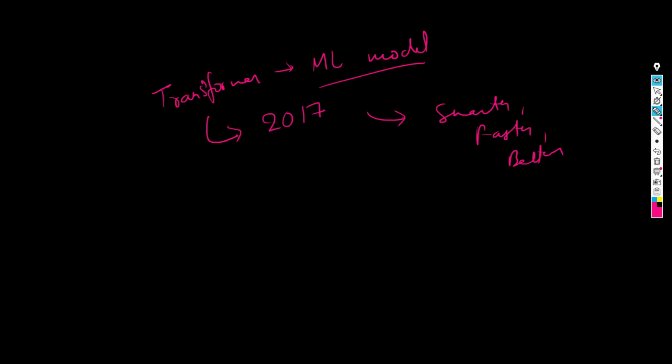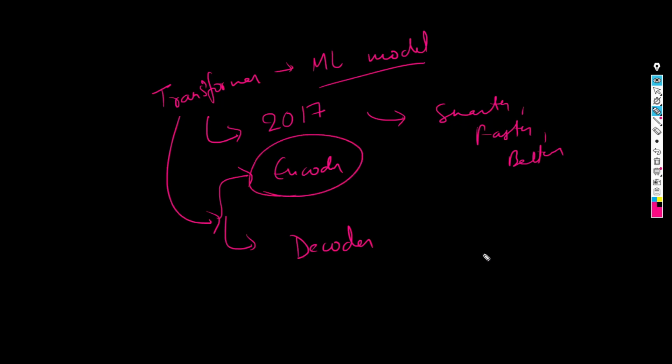Now, the transformer has two important parts, called the encoder and the decoder. We'll focus more on the encoder as of now. The encoder is just like a reader.